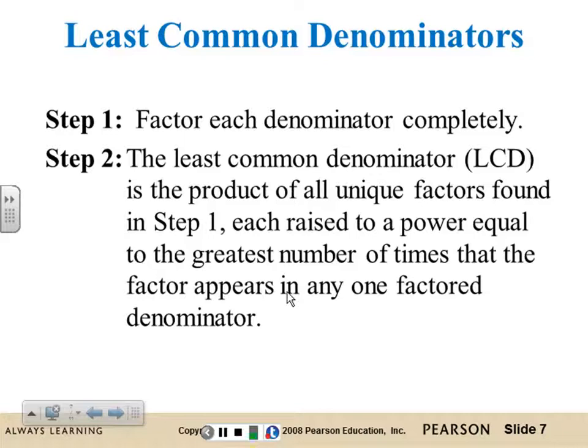So that's a mouthful, so make sure you read through that and make sure you understand what it says. The least common denominator is the product, the multiplication, of all unique factors. In other words, you can only use things once and only once that we found when we factored out at the very beginning, each raised to a power equal to the greatest number of times that the factor appears in any one factor. In other words, you're going to use your highest exponent.